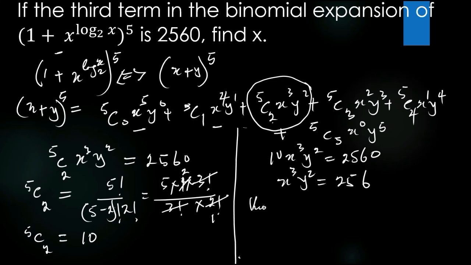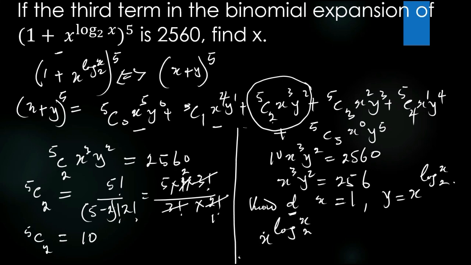We know that x is the same thing as 1 from this expression, and y is the same thing as x raised to power the log of x base 2. So that (x raised to the log of x base 2) all squared, because we have y squared, will be given as 256.